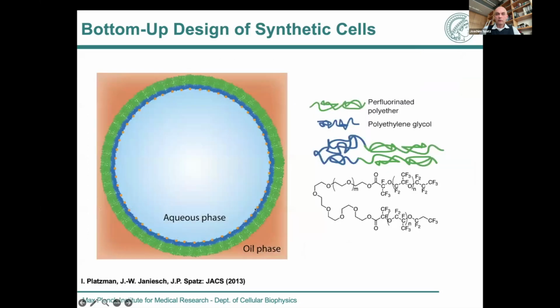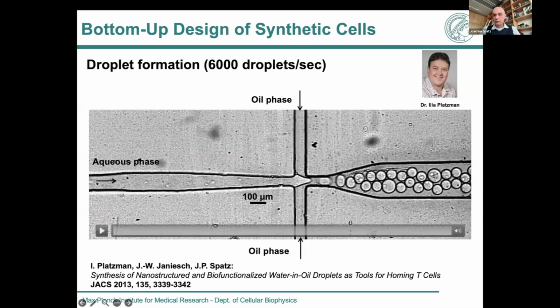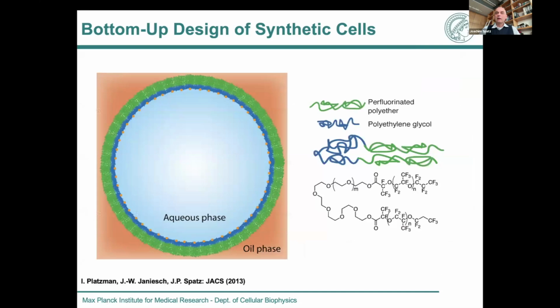The surfactant in this case, for instance, is a tri-block copolymer, where the oil phase interfaces with perfluorinated polyether, while the water interface is with polyethylene glycol. This reduces the surface tension between water and oil, and that's why you see that these droplets touch each other, but they do not fuse. From a mechanical point of view, that's ideal. It's a very stable water droplet compartment, which we were missing with the GUV approach I presented before.